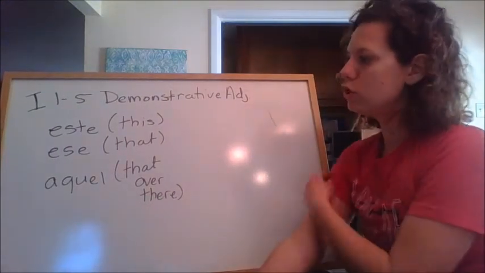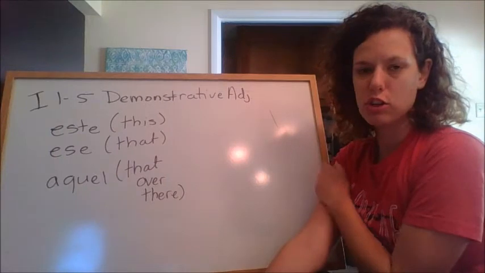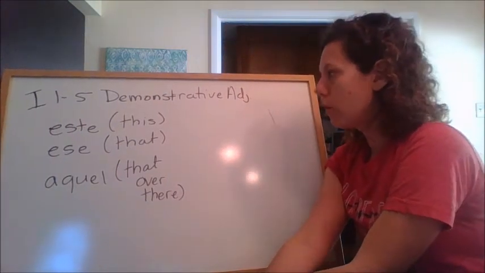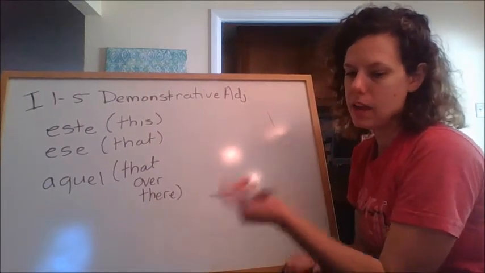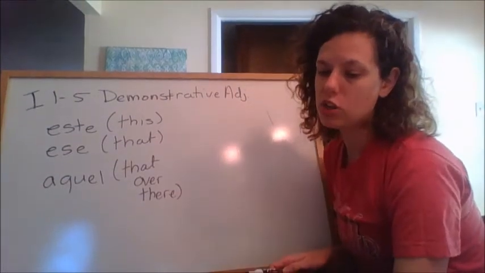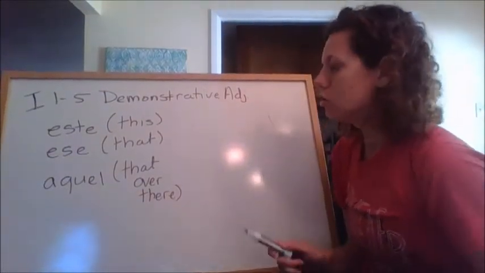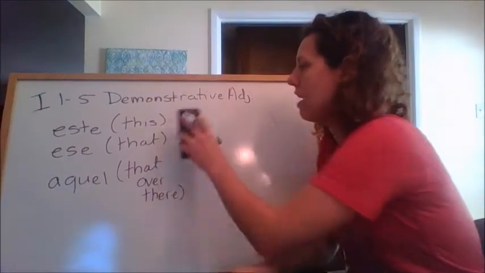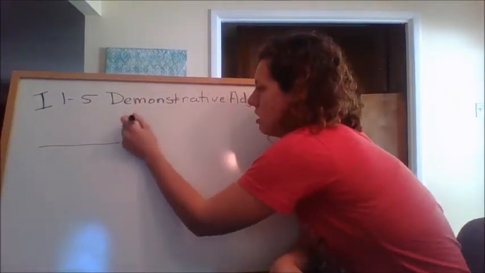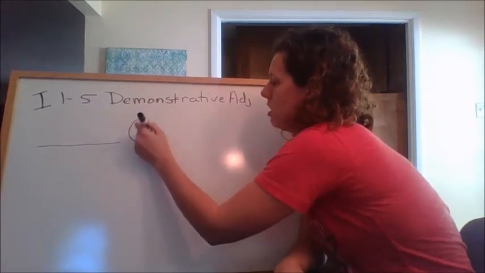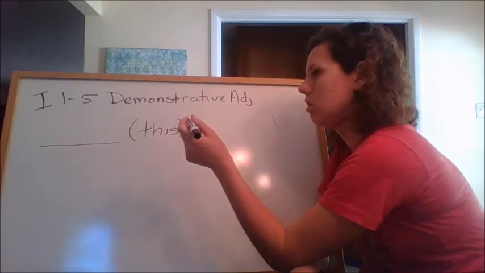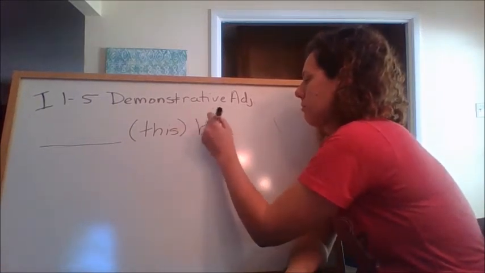So as you should remember, adjectives have to match in gender and number with the nouns that they're describing. So what this is going to look like is, it says write the demonstrative adjective that matches in meaning, gender, and number. Okay. So you're going to have a blank, and it's going to say something like this, and then it's going to say botella.